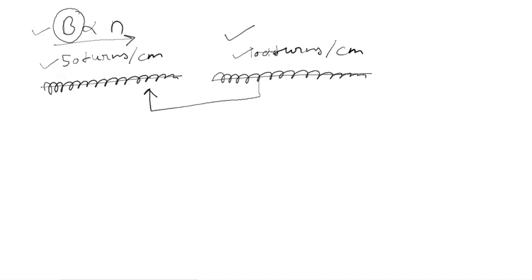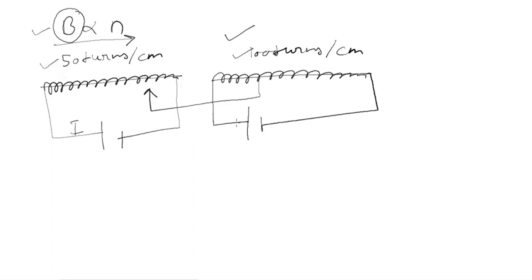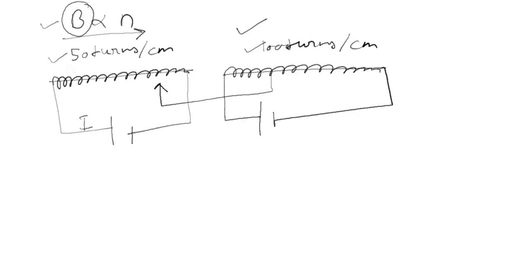It will have double the magnetic strength in comparison to the first one if the current is the same in both coils. It means if the same current I is flowing in both coils, then the magnetic strength of the second coil will be double that of the first, because it has double the turns. So the magnetic strength of the coil can be increased by increasing the current flowing in the circuit.